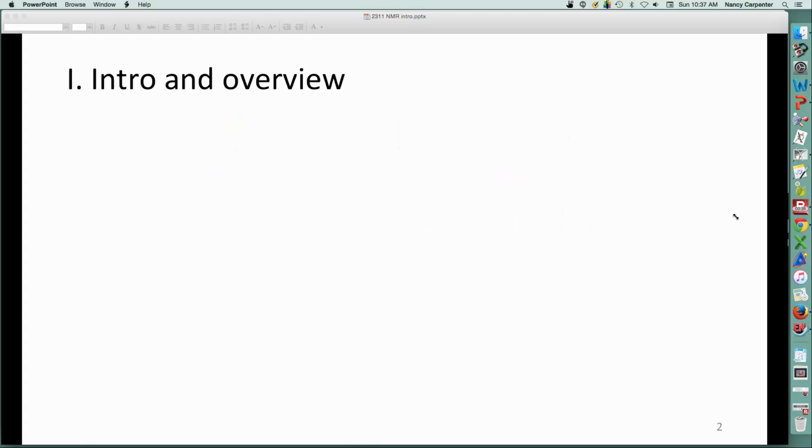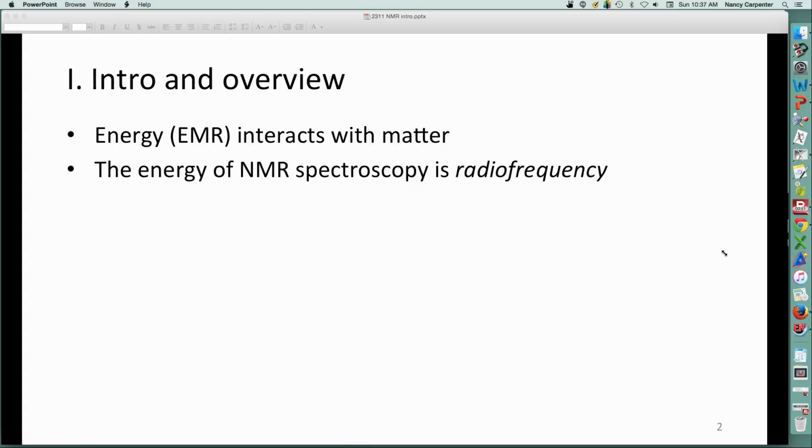of your pet molecule. So you've already looked a little bit at spectroscopy. It's all about electromagnetic radiation, energy that somehow or other interacts with matter, including molecules.